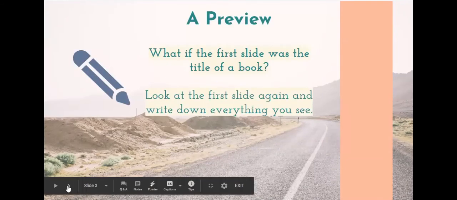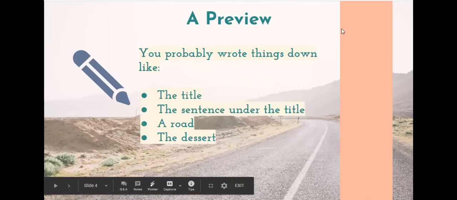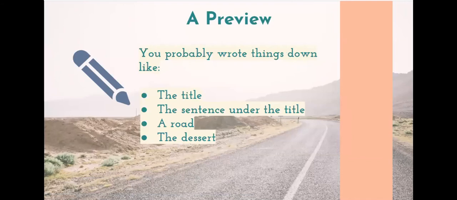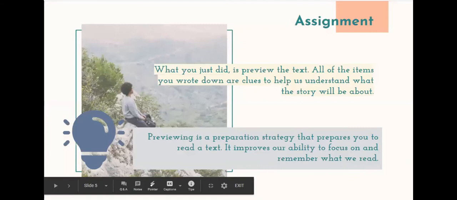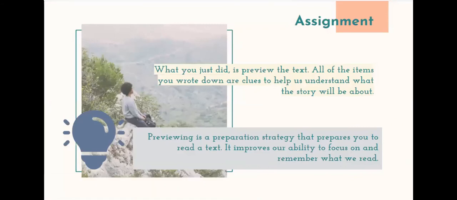So you wrote down everything you saw. So you probably wrote things down like the title, the sentence under the title, there's a road, there's the desert, there's many other objects here that you could have written down. And that's great. They are all important things when you are making a preview. So what you just did is preview the text.